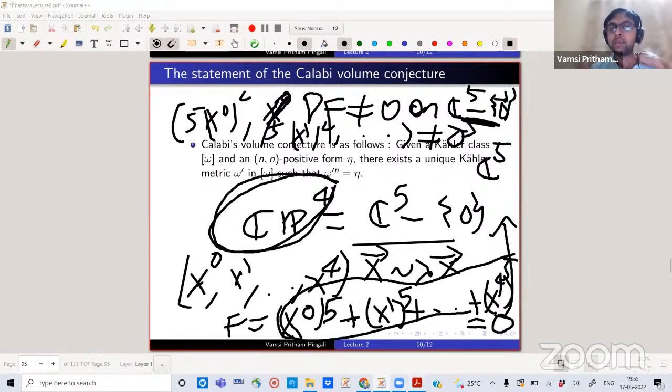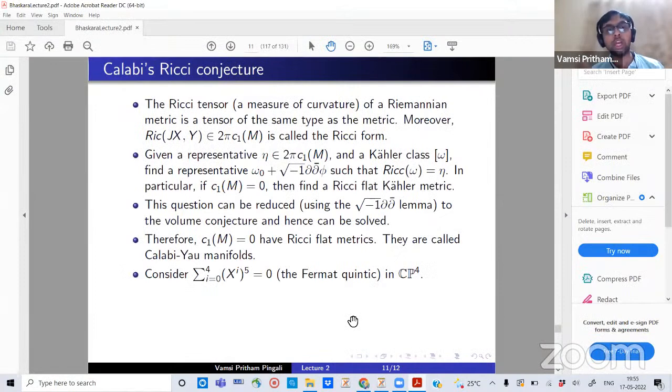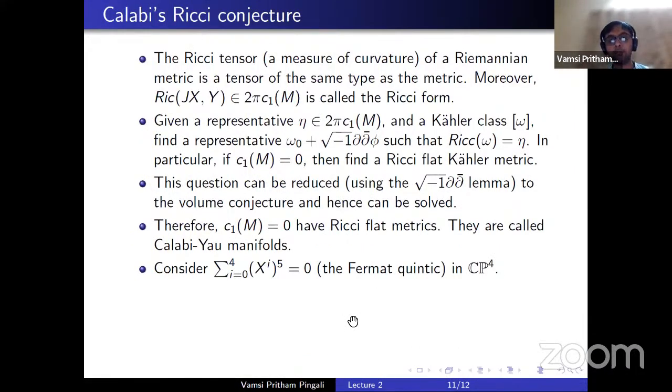So whatever this beast is, this is a genuine compact complex submanifold of CP4. I claim that this manifold has first Chern class equal to 0. And why does it? For that, I need to give you a formula that enables you to calculate this Ricci form.